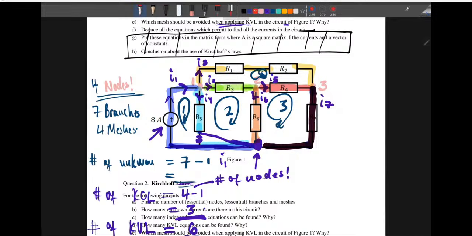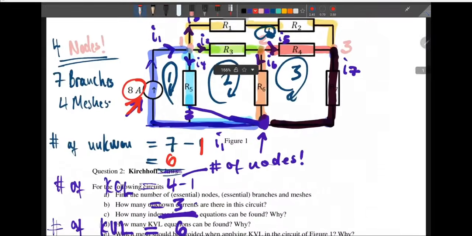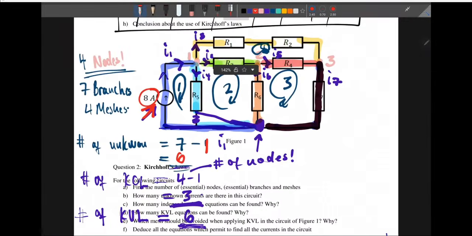But either way, you can still say 1 minus the number of branches and say 6 unknown currents, because the current in the first branch we know, since we are told that it is 8 amps. If it was not because of that, the number of unknown currents was going to be 7. We would say 7 if we don't know the current in this first branch.